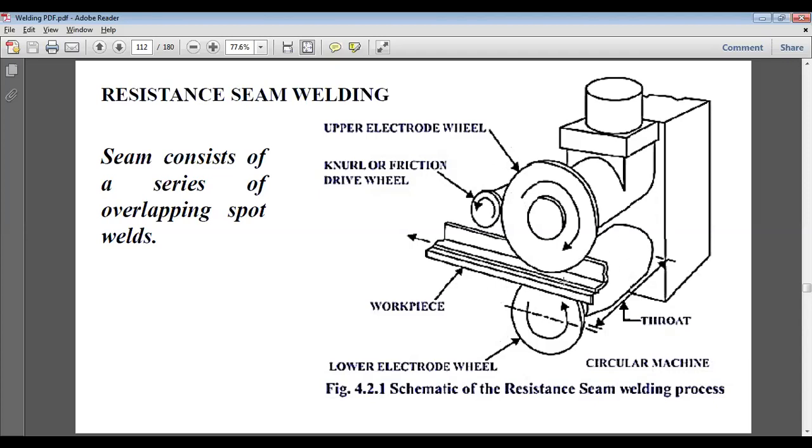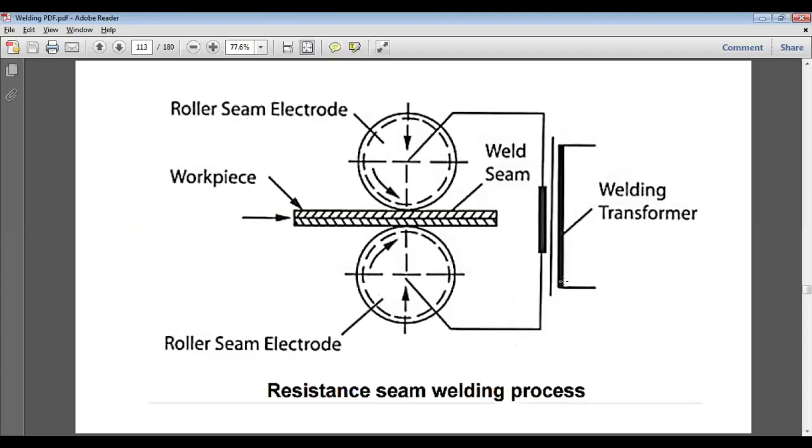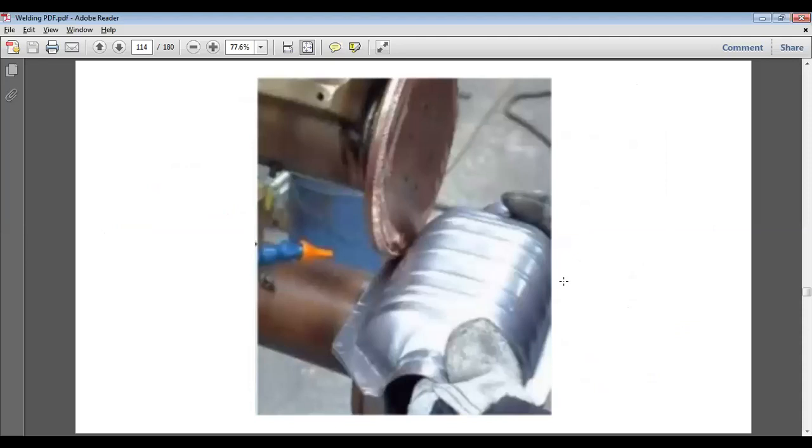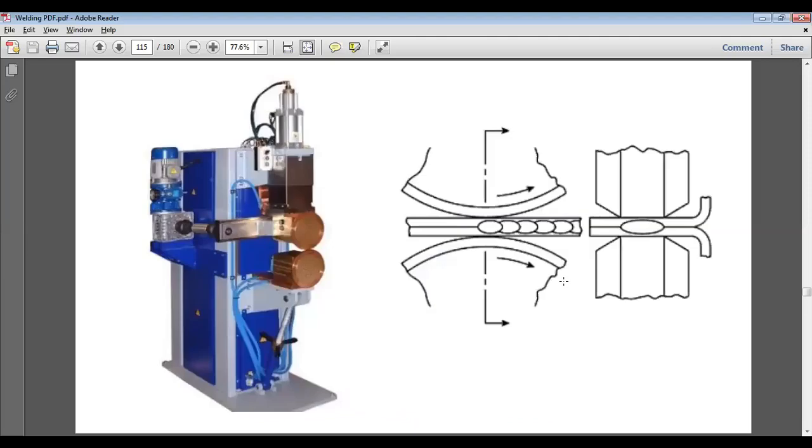This is the diagram of resistance seam welding: roller seam electrode, workpiece, and this is the welding transformer. This application is basically used in automobile tanks, where we have to create pressure and we don't want any leakage, spillover or gas leakage. So this is called seam welding.